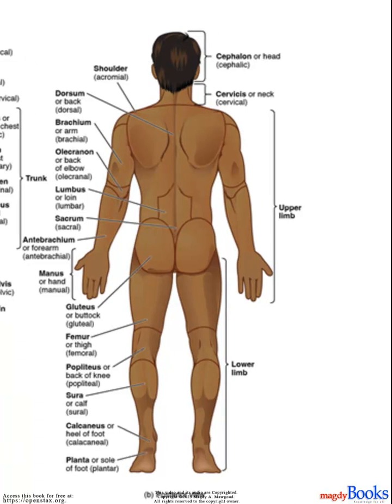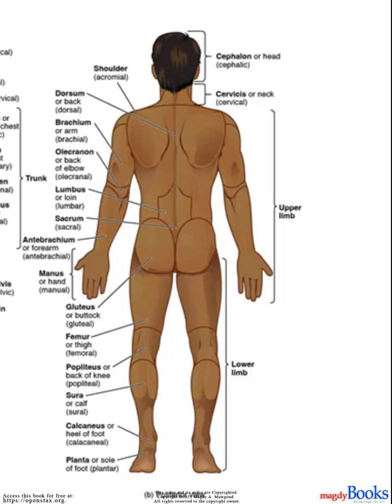B. Posterior view. Shoulder, acromial. Dorsum or back, dorsal. Brachium or arm, brachial. Olecranon or back of elbow, olecranal. Lumbus or loin, lumbar. Sacrum, sacral. Antebrachium or forearm, antebrachial.